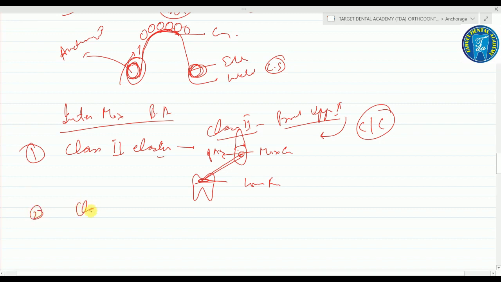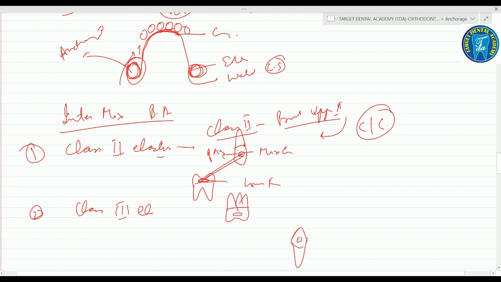Second is class 3 elastic, just opposite of class 2 elastic. In this, this is the maxillary first molar, this is the buccal tube, and this is your mandibular canine, this is the bracket.